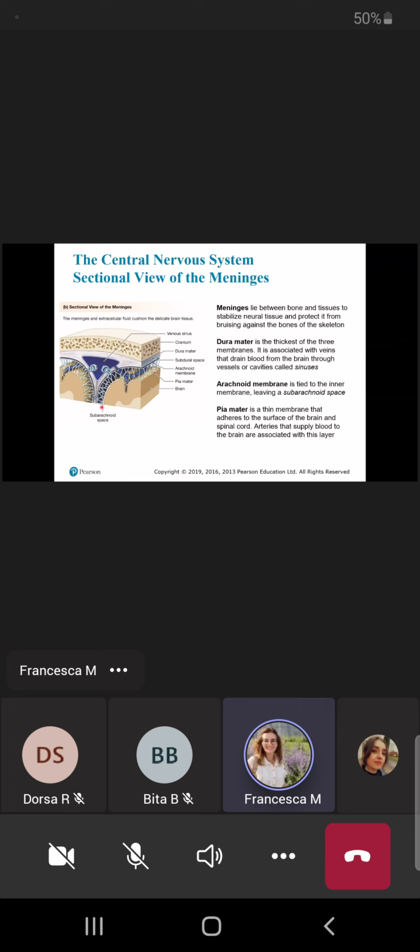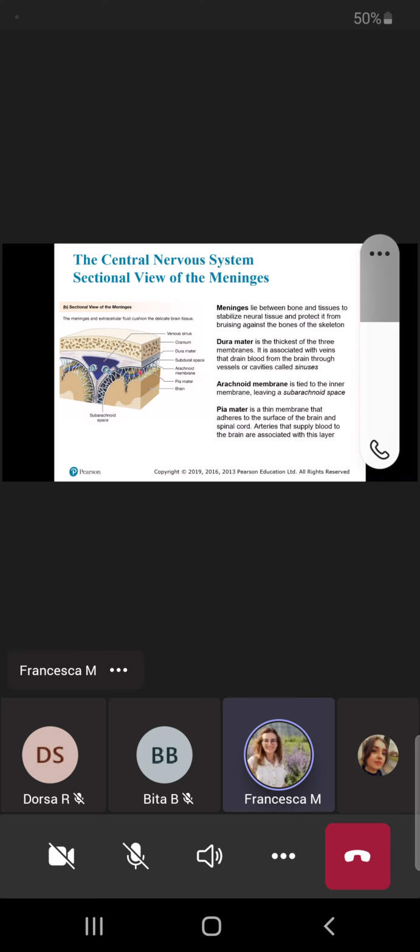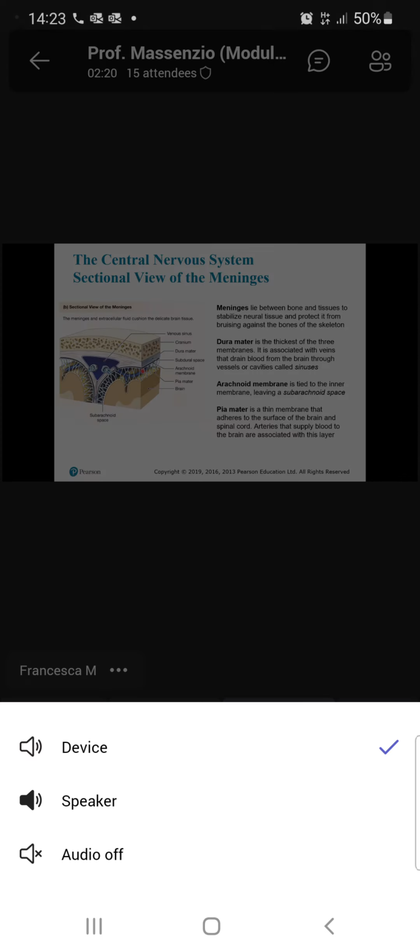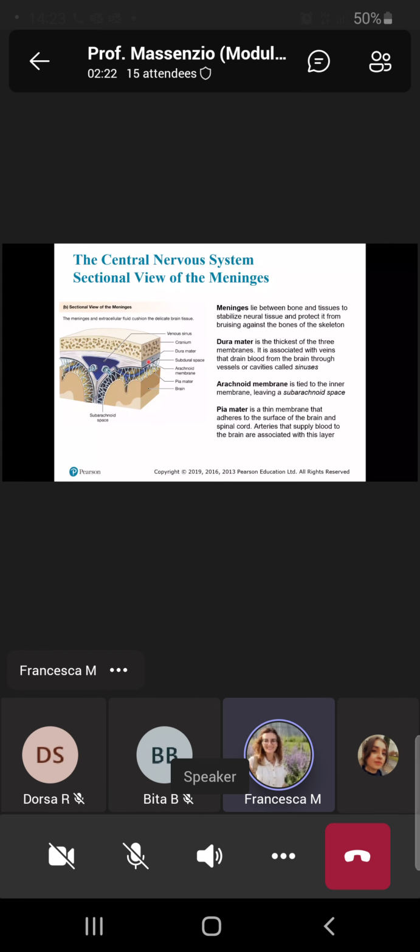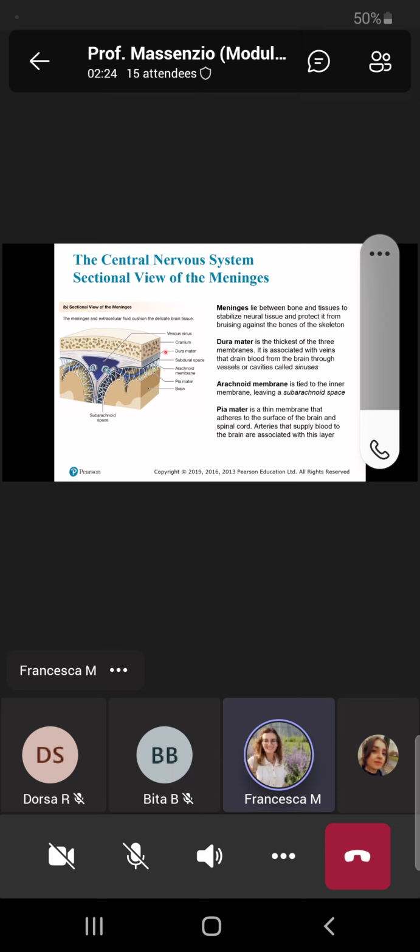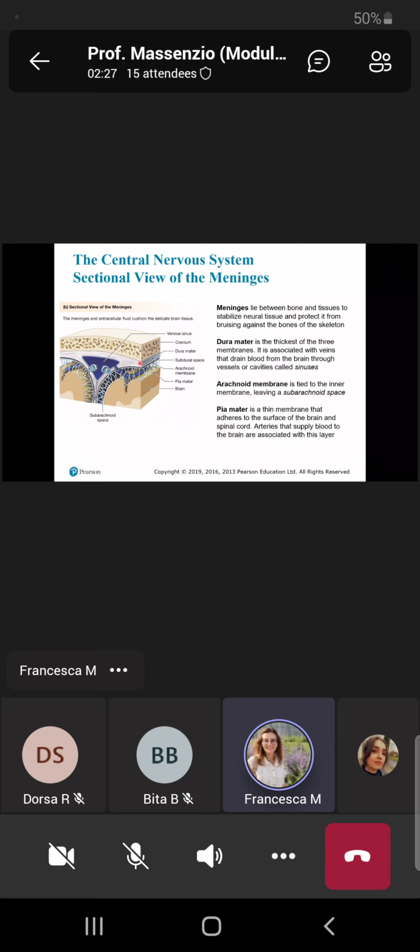Basically, the subarachnoid space is where the cerebrospinal fluid is located, and it has this protective function for the pia mater and the brain located down the pia mater. Then moving through the meninges, we have, as we said, the arachnoid membrane, and then this portion that is the dura mater, that is the thickest membrane.